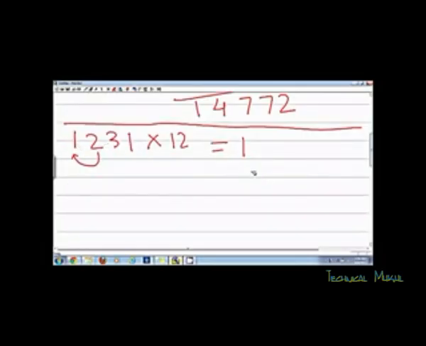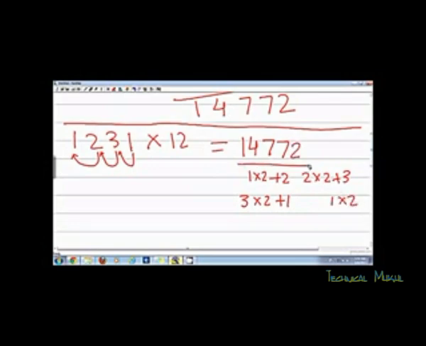So I will say 1 into 2 plus 2, that is equal to 4, and then 2 into 2 plus 3, so that is equal to 7, and then 3 into 2 plus 1, so that is equal to 7, and then I will just multiply 1 by 2, so 1 into 2 is 2. So the answer is 14772.